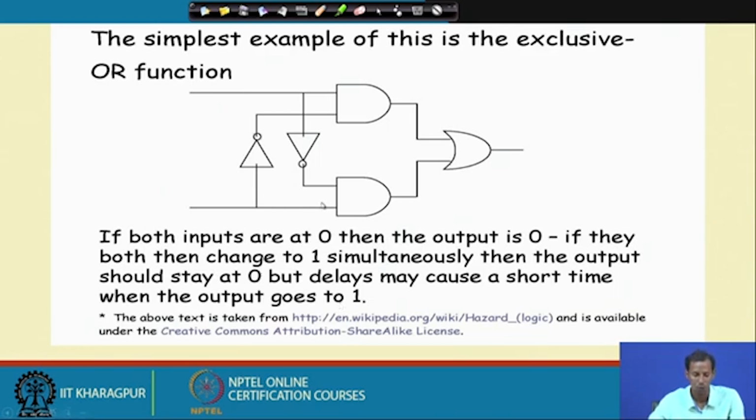Okay. Means what? When both are 0, this is 0. If now I change from 0 to 1, at that time what will happen? Sometime after, this will be coming to this and this will be coming to this.